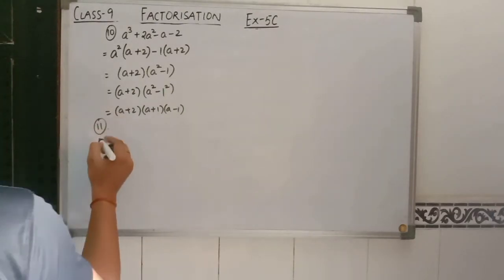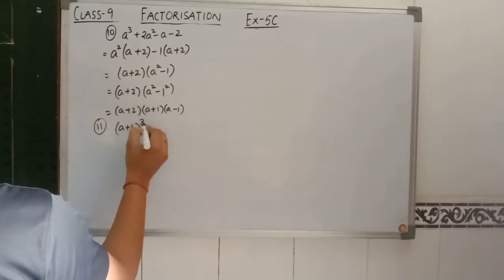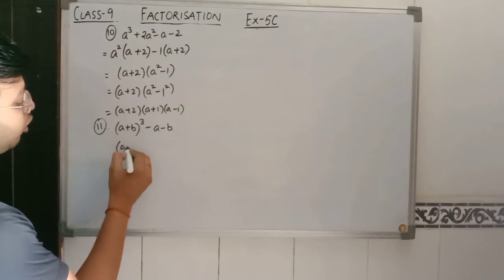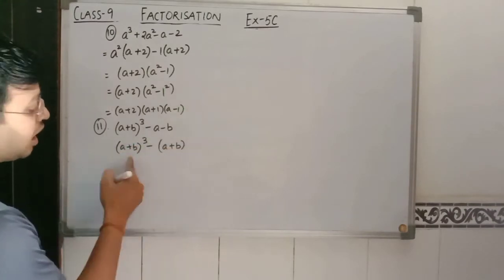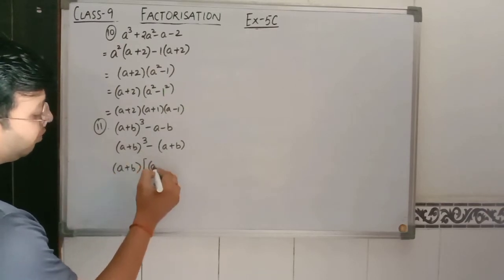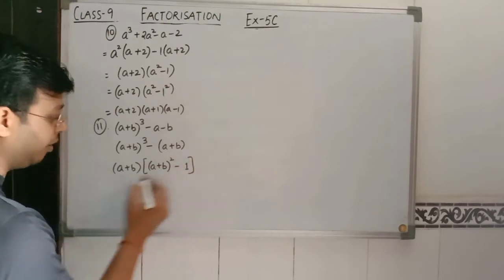Now we are coming to question number 11. It is written as a plus b whole cube minus a minus b. So observe it carefully. Right now the question is not looking similar, but after taking minus a plus b, now you can take a plus b as common. So from the first term, the remaining will be a plus b whole square, and from the next term, the remaining will be 1.